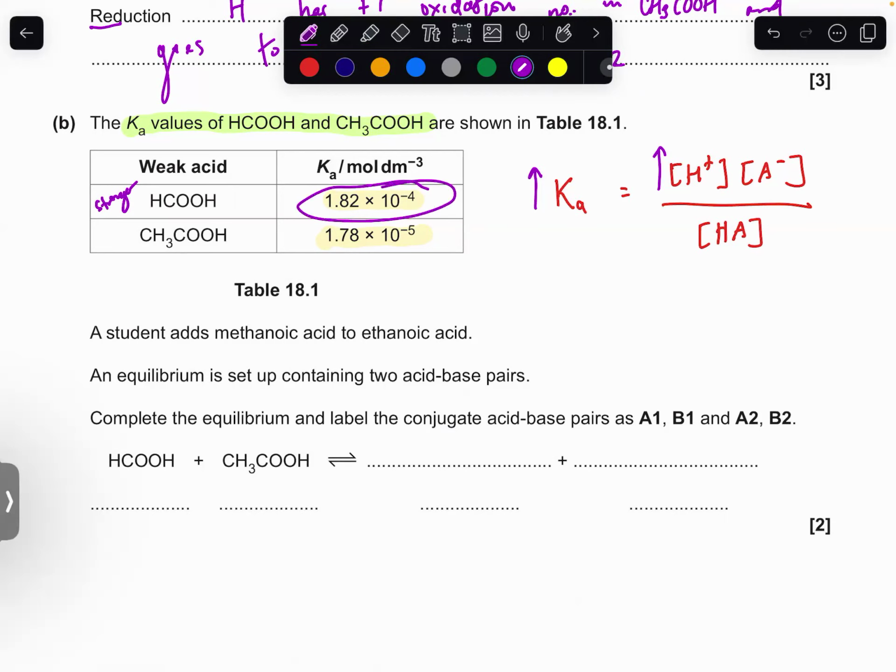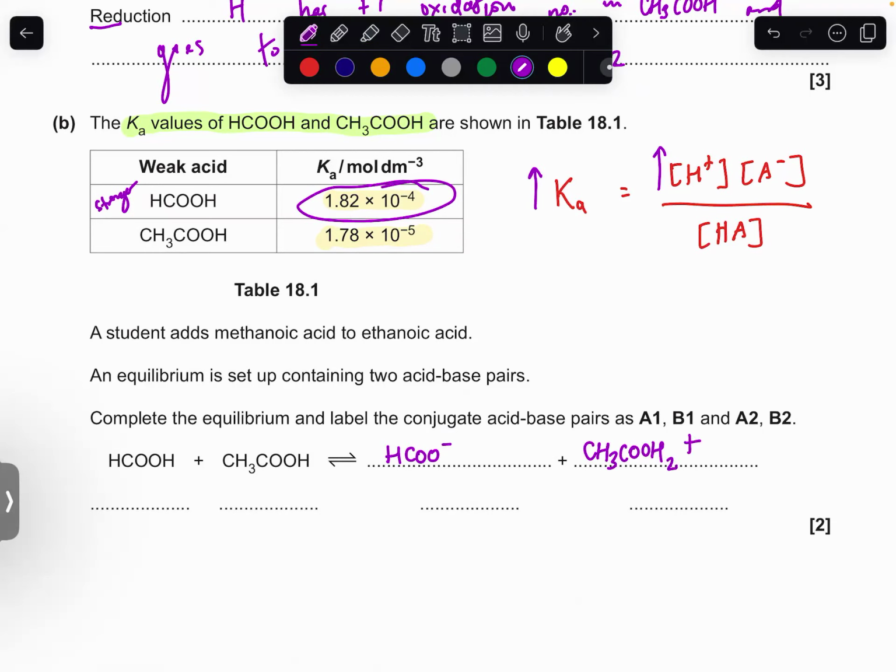So it says complete the equilibrium and label the conjugate acid-base pairs. Let's do the equation first. Methanoic acid, being the stronger of the 2 weak acids, gives off a H plus. That means ethanoic acid must be gaining.